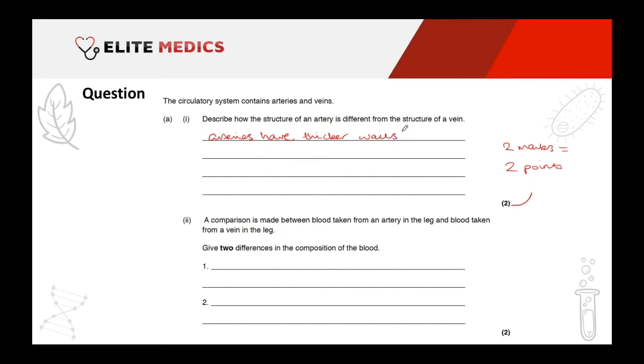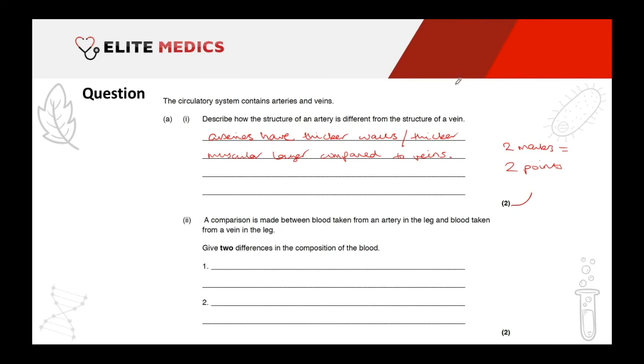They've got thicker walls or a thicker muscular layer compared to veins. Okay, so that's the first point. So arteries have thicker walls / a thicker muscular layer compared to veins.